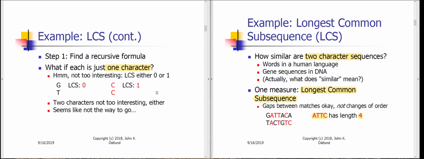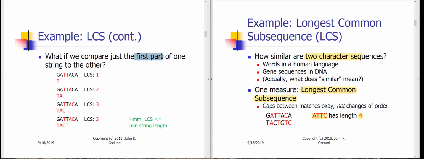So let's try comparing just the first few characters of one string to a longer string. We'll start here with our entire first sequence of symbols, GATTACA, and we'll see how we do comparing just the first character of the second sequence, and then the first 2 characters of the second sequence, and so on. Let's see if that gets us anywhere.